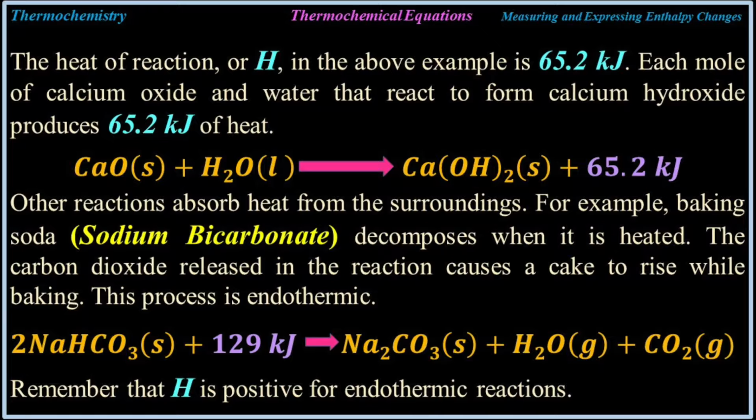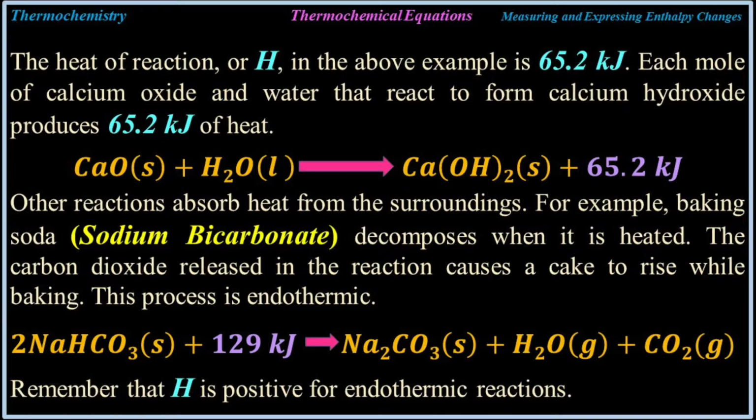The heat of reaction, or ΔH, in the above example is -65.2 kilojoules. Each mole of calcium oxide and water that react to form calcium hydroxide produces 65.2 kilojoules of heat. Calcium oxide plus water yields calcium hydroxide plus 65.2 kilojoules.